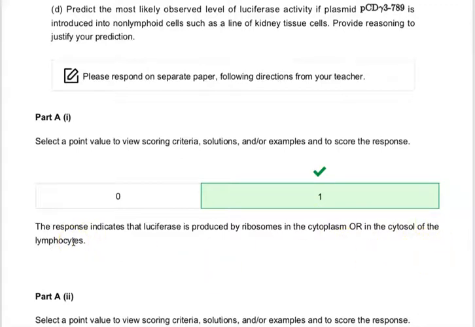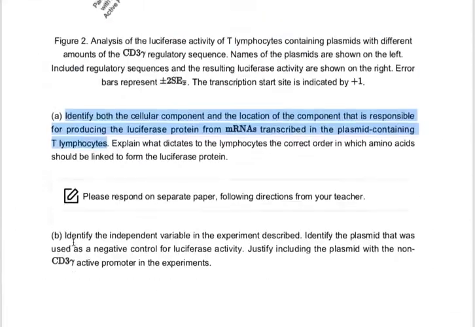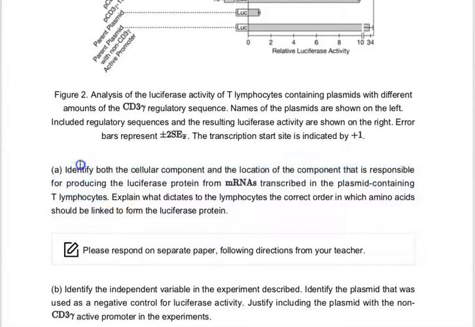So this was simply for you to know where this production of the protein is occurring. This is question 1A because there's the identify here. You identified, you listed it out, perfect. Then question A2 would be: explain what dictates to the lymphocytes the correct order in which amino acids should be linked.